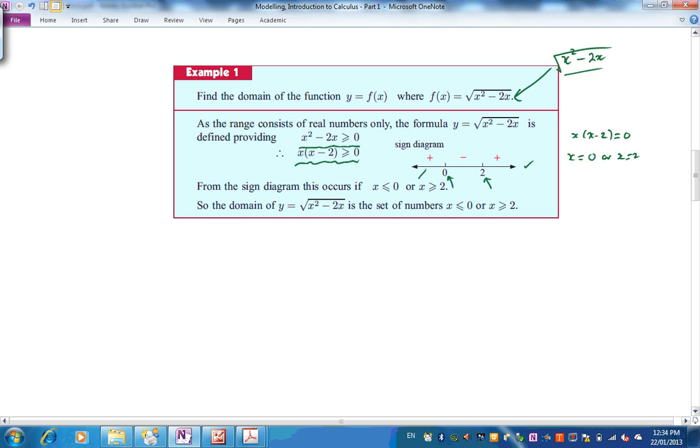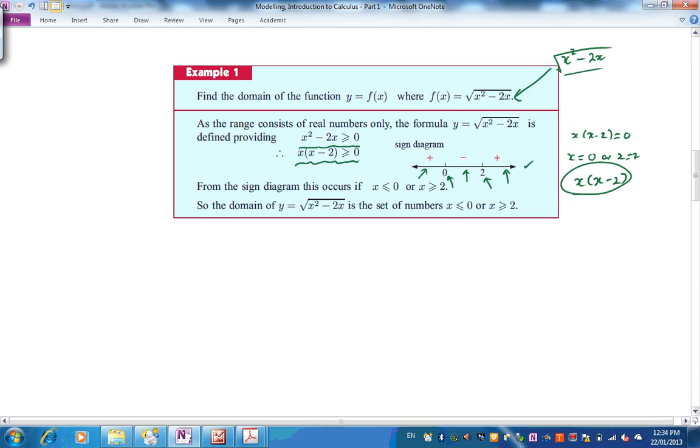You could substitute in a value on this side, neg 1, sub that into x squared take 2x, and you find you get a positive answer. Then sub in 1 from this region, and you find you've got a negative answer. Sub in 3 from here, get a positive. So it's easy to track the behaviour of this little dude here.